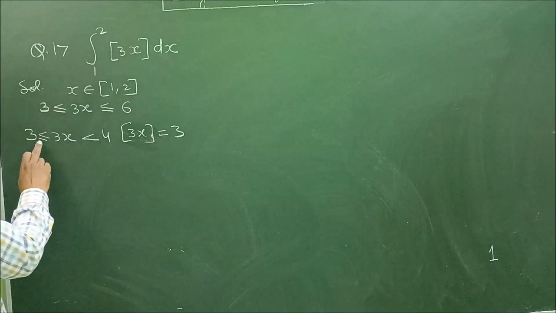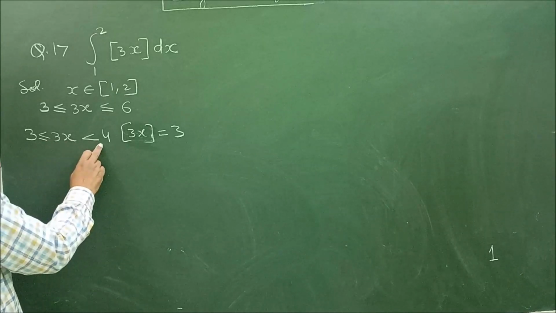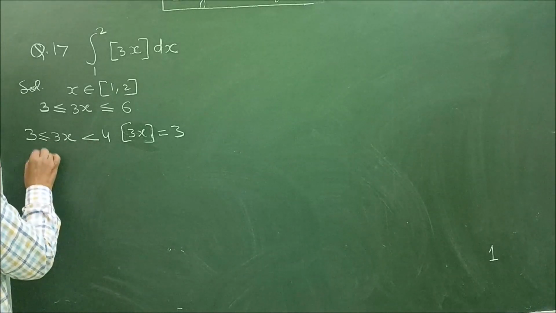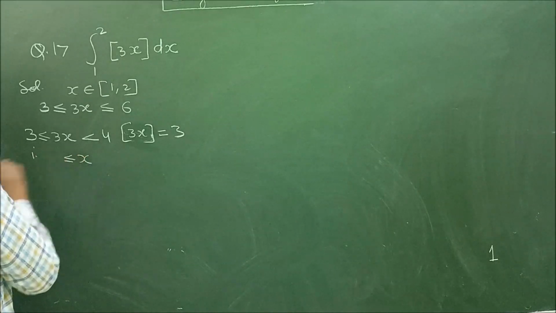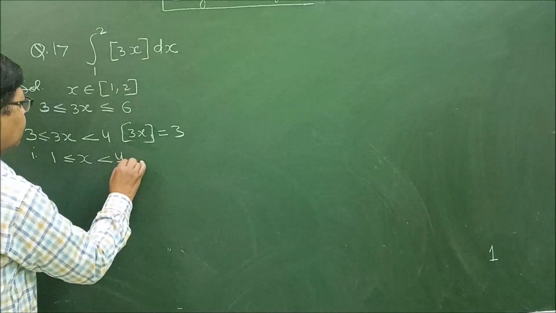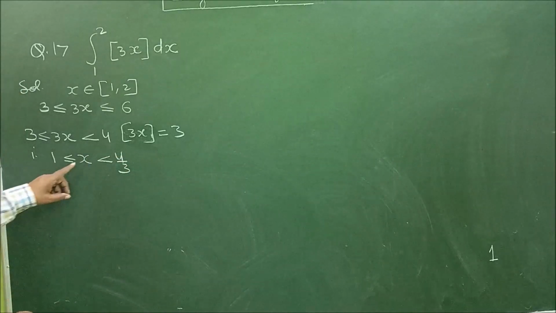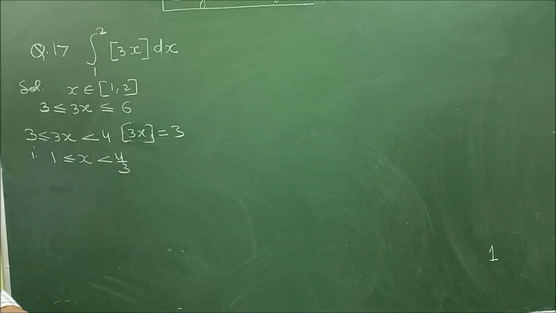So here 3x is between 3 and 4, that is, in this case, x lies between 1 and 4 upon 3. So when x is between 1 and 4 upon 3, the greatest integer 3x is equal to 3.